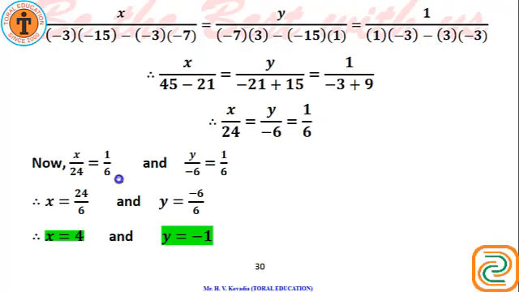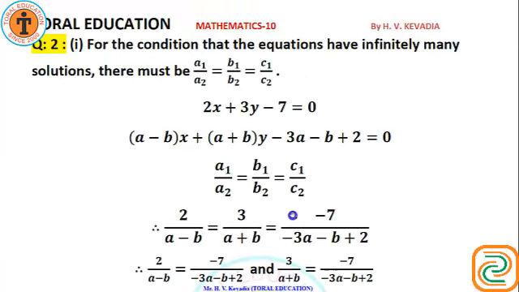So x upon 24 equals 1 upon 6, y upon minus 6 equals 1 upon 6. x equals 24 upon 6, y equals minus 6 upon 6. Six 4s are 24, so that is 4, and six 1s are 6, so that is minus 1. So x equals 4 and y equals minus 1. Our solution is 4 and minus 1.